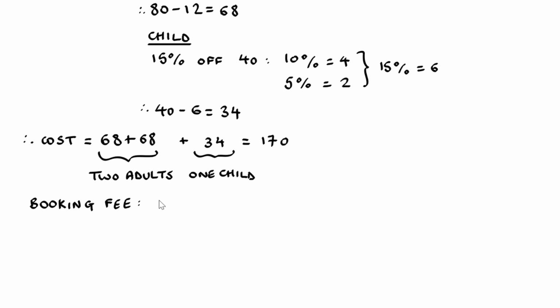well, if we work out what 10% is, 10% of 170, that is 17. So therefore 1% is equal to 17 divided by 10, which is 1.7, and therefore 2% is equal to 3.4.